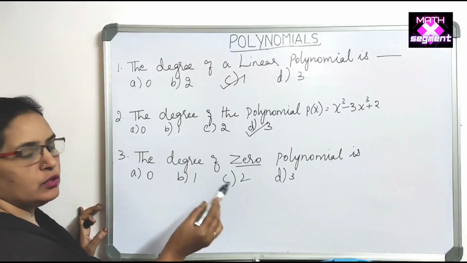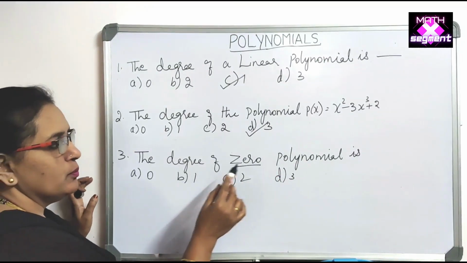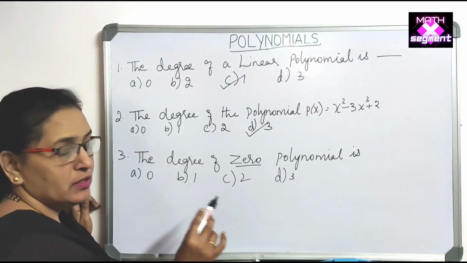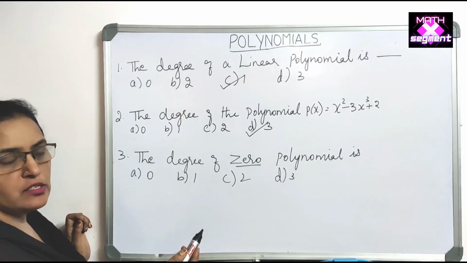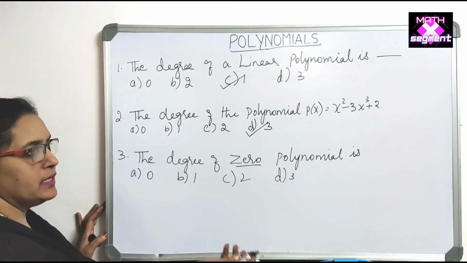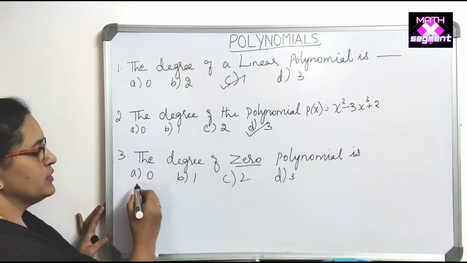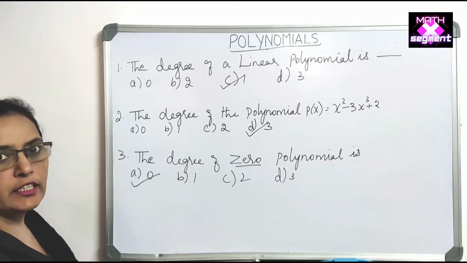When it is 0, then we call it a zero polynomial. So the degree of the zero polynomial is undefined. Undefined means we cannot express or explain it. So when you cannot express anything, then the degree of the zero polynomial is always 0. So A is the correct option.